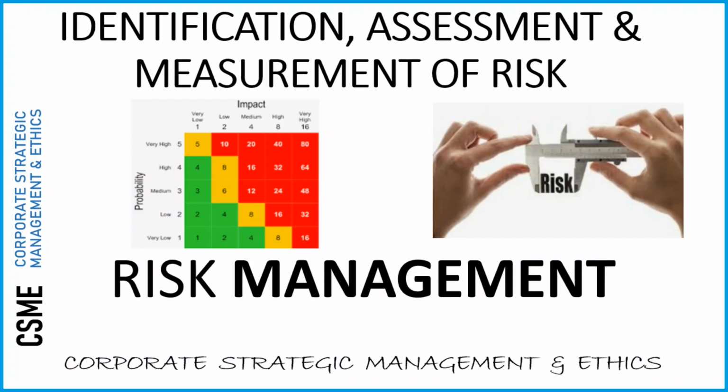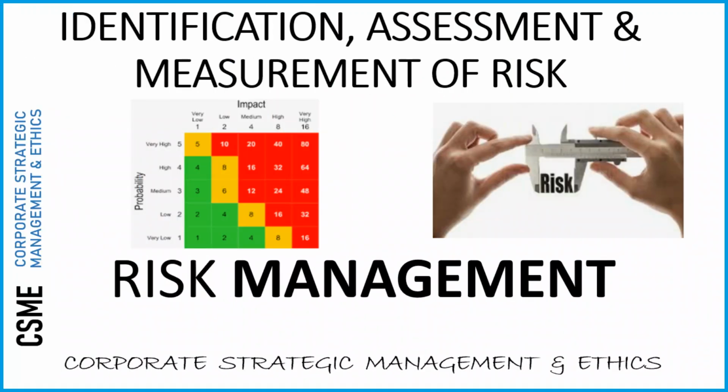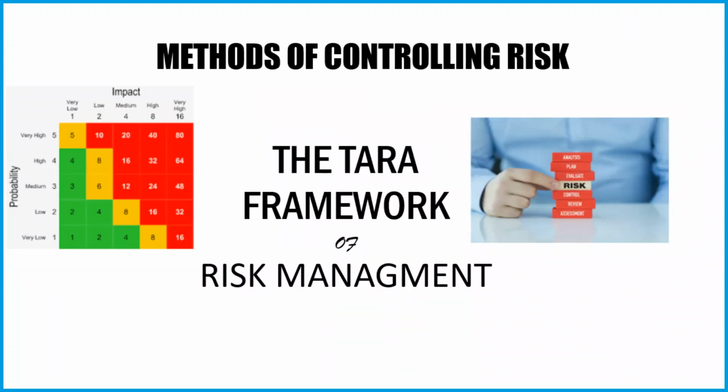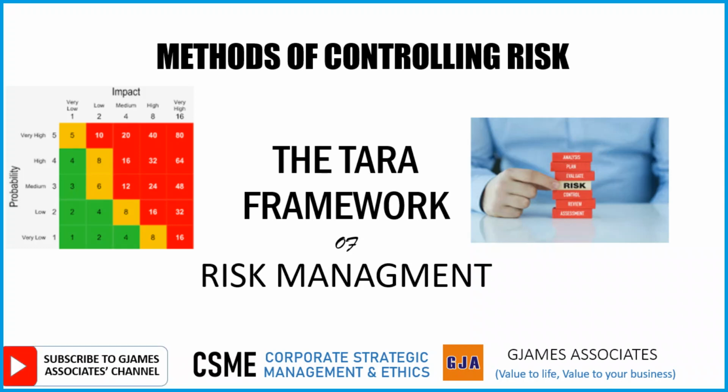because risk management is broad and is unique and important in our career development. We cannot afford but to spend the time we are spending on risk management. A thorough framework had been looked at as a simple but effective method of controlling risk, and we had discussed the TARA framework, which represents different things that we need to do about risk in our business.